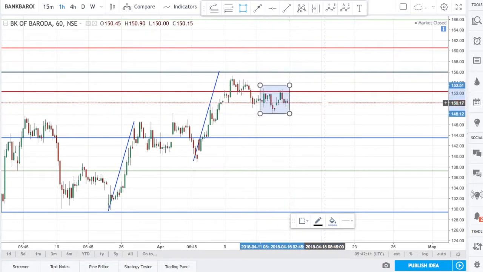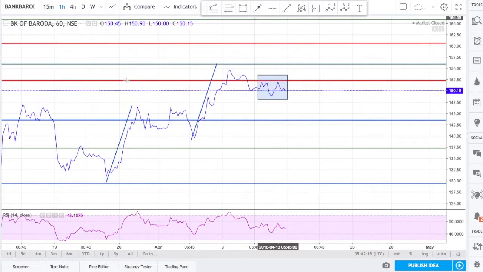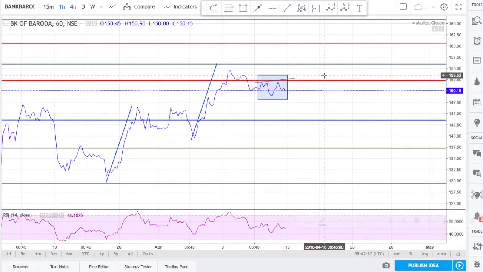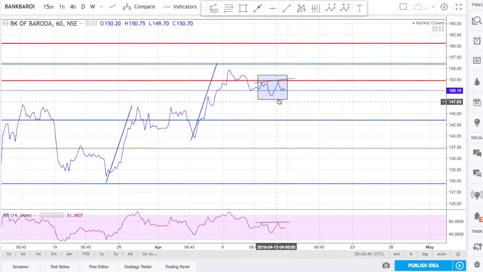Look at this portion here, and switching to a line chart, we can find this slight move to the upside, while here, although this point made a higher high, there wasn't a higher high on the RSI.